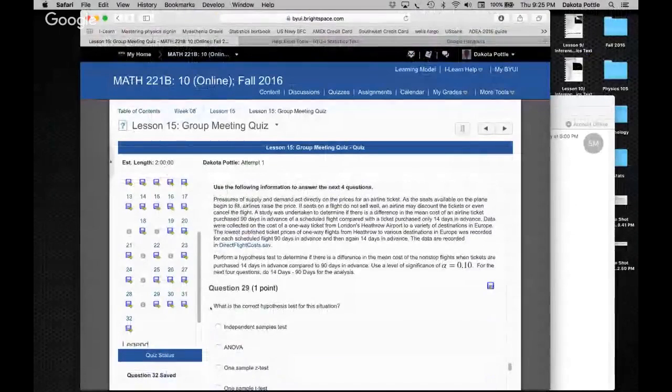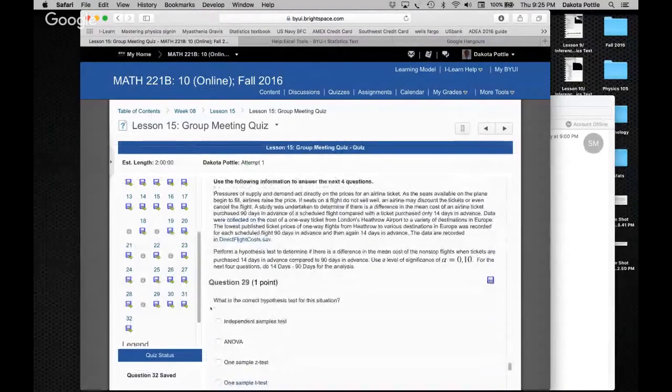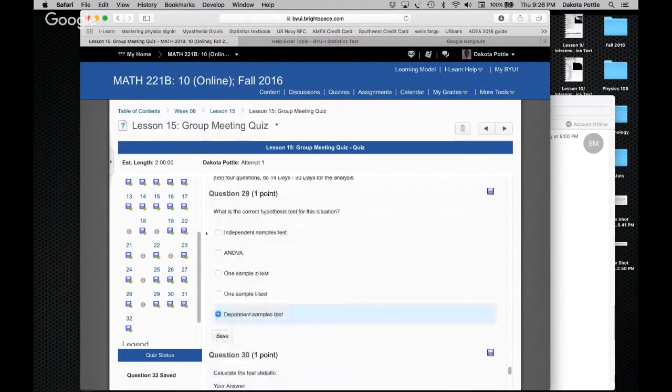I'm trying to find out why I said that. Oh, I think I put that down because we are looking at the difference between 90 days purchase and 14 days purchase. Okay, same airline, same airport, so they're all dependent on each other. Yep, that's the reason why. So there's a number correlated with the difference between the 2.